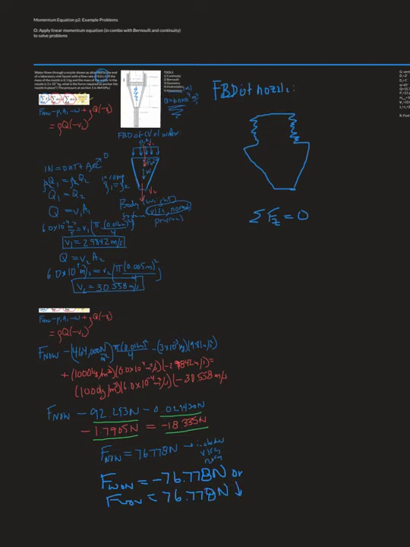So I'm going to say the force of the water on the nozzle, I'm going to draw it downwards like that, and say that that's 76.778 newtons. The other way to do it is I could have drawn it upwards and noted that its value is negative 76.778, but I don't feel like doing that.